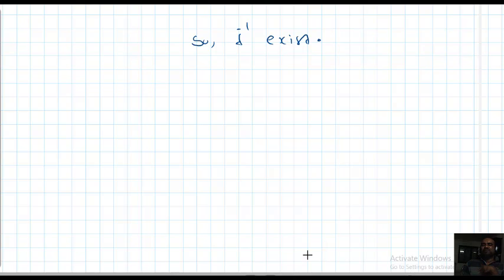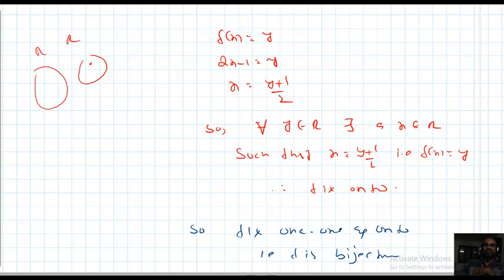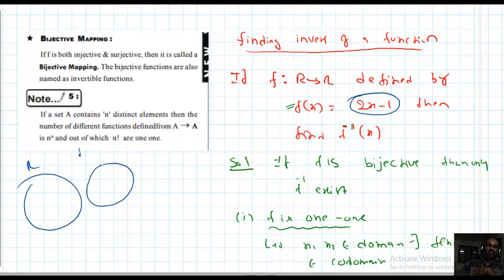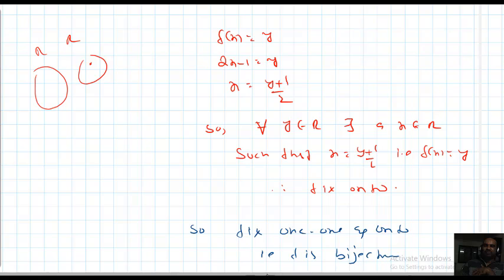Now how to find the inverse rule? This is the rule for R to R. Now you want to find the rule followed by all the elements from Y to X. Automatically, that is the inverse rule.